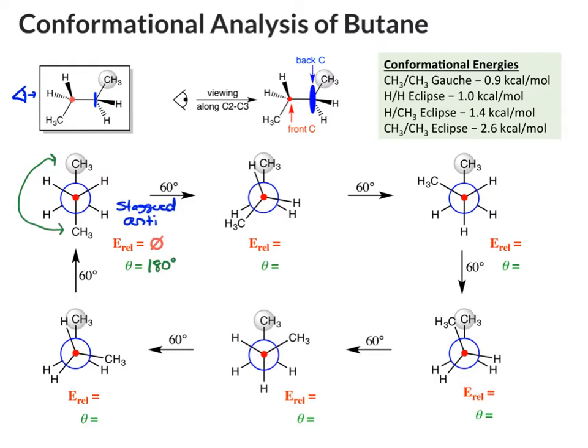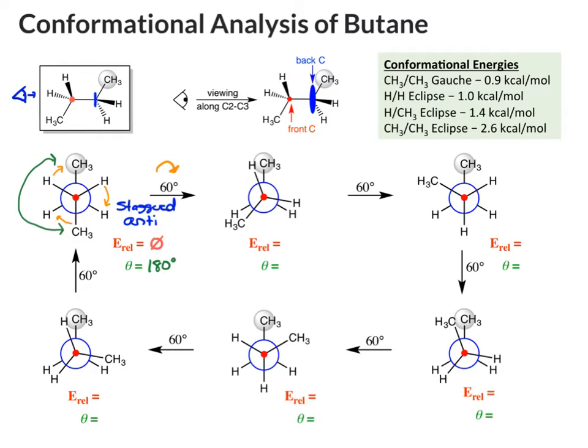So let's look at this and see what happens when we rotate the front carbon 60 degrees. Basically, in every case we're going to rotate just clockwise. So I'm going to rotate this carbon to here, this hydrogen to here, this hydrogen to here in that rotation.